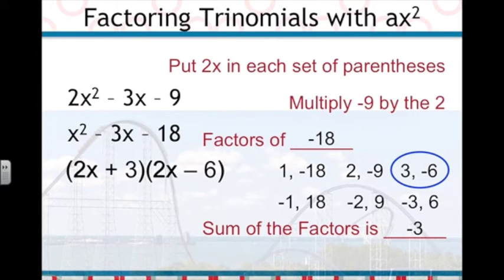The 2x minus 6 has a common factor of 2 because both 2 and 6 are even numbers. So we're going to complete this whole process by eliminating that 2 from both terms to give us our final answer, 2x squared minus 3x minus 9 equals 2x plus 3 times x minus 3.